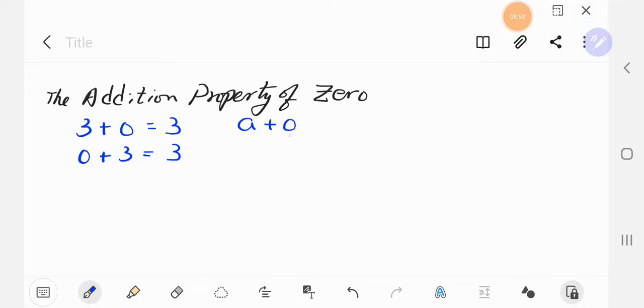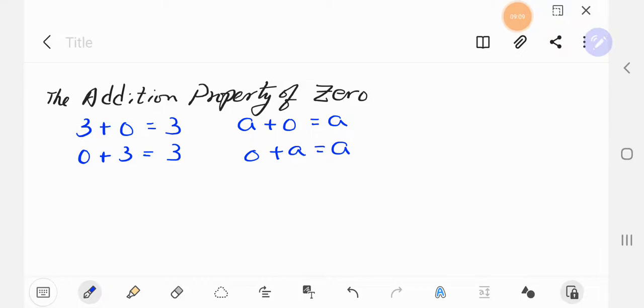So whenever you add 0 to a number, the result is always the number itself. And you can interchange this a and 0, and still the answer will be the number itself.